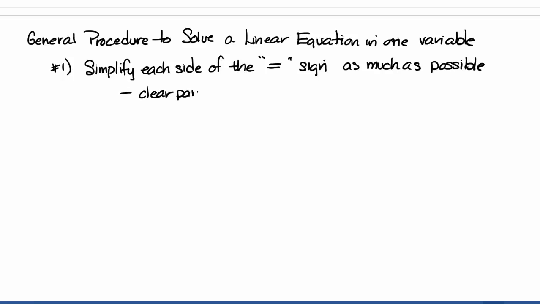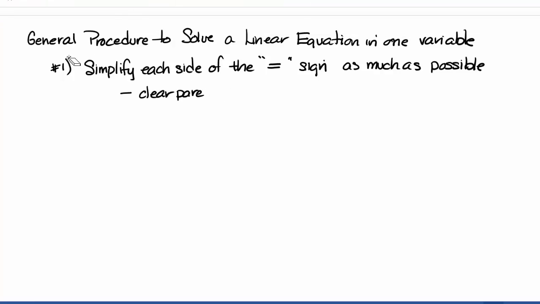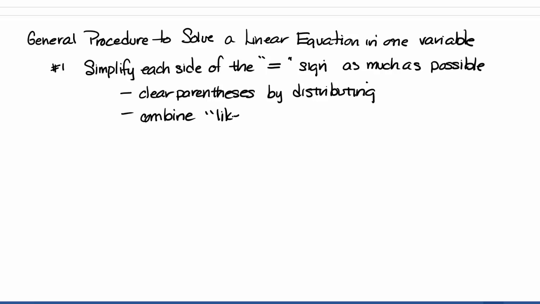So get rid of the parentheses by distributing out the value. Clear parentheses by distributing. And then we want to make sure we can combine like terms. We want to do that before we start moving things back and forth across the equal sign.